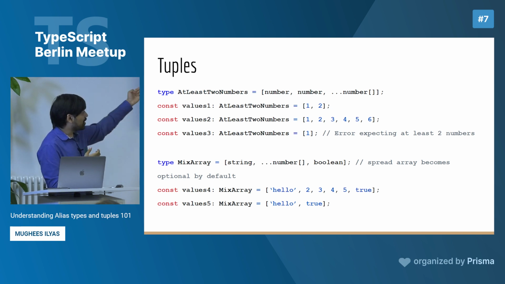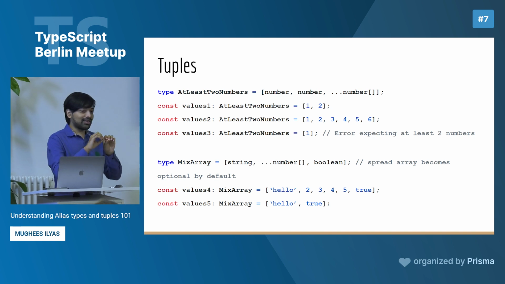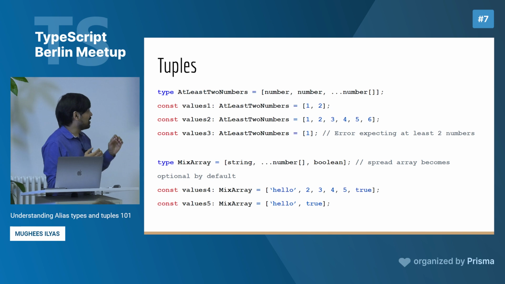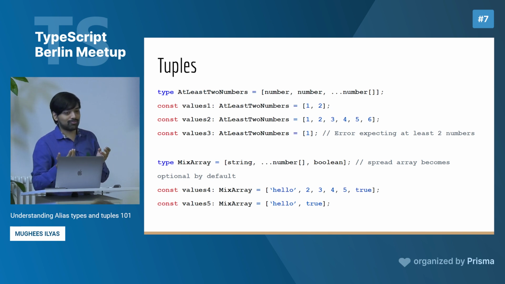So if I try to pass one element, it will start to throw an error. And the other cool thing is that it can have a spread operator in the middle of it. So you have your left hand or your right hand which have types, and then in the middle you can have anything. And the spread operator is by default an optional parameter. So if you're defining a spread operator, it becomes optional. Either you pass them or not, it doesn't really make a difference.